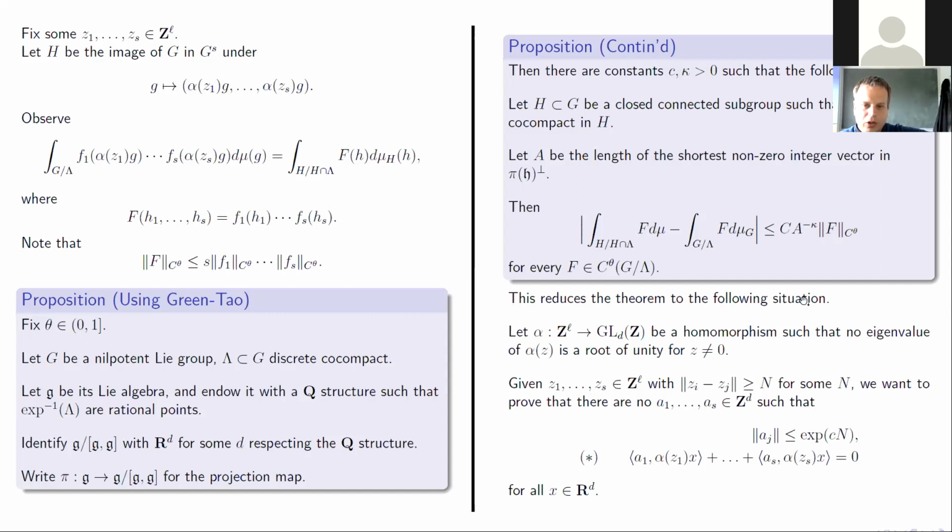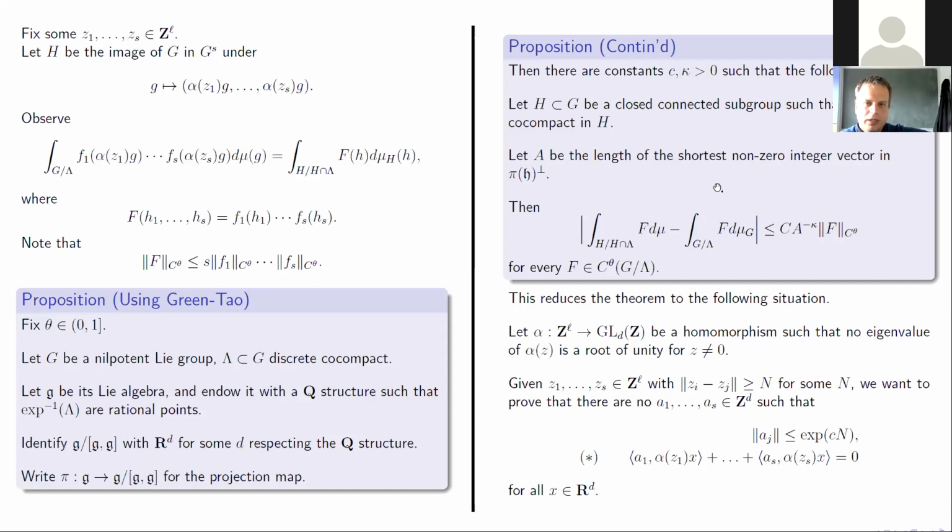So what I'm talking about now is that if you believe this proposition, then how you can go on with the proof. But why isn't it enough that there is an A? Just use that there is some constant. Why wouldn't this be enough? So we want this quantitative mixing.